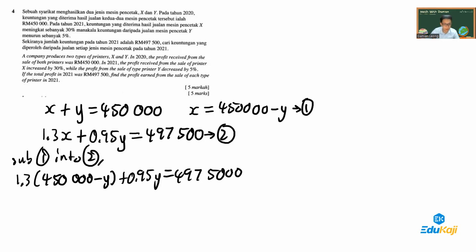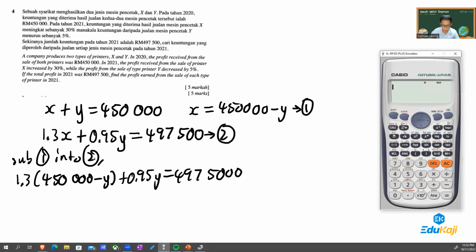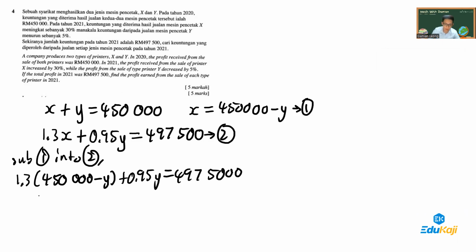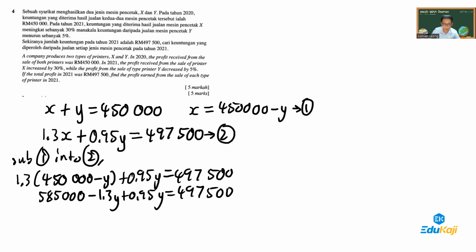So I calculate this. 1.3 times 450,000, 585,000 minus 1.3y plus 0.95y equals 497,500. Yeah. I can bring over the 585,000.